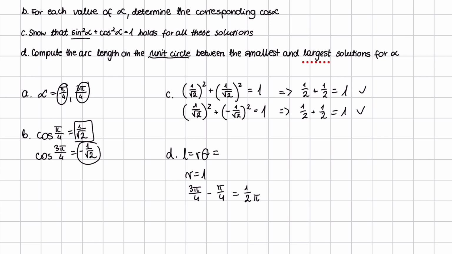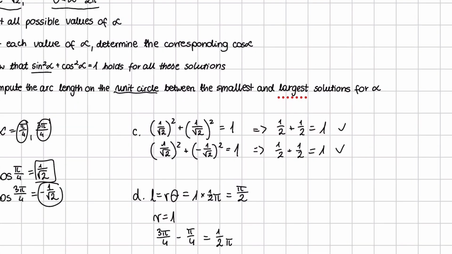So now we can substitute everything, so 1 times 1 over 2 times pi, so it's just pi over 2. And that was the last problem from this topic, the unit circle and radian measure.